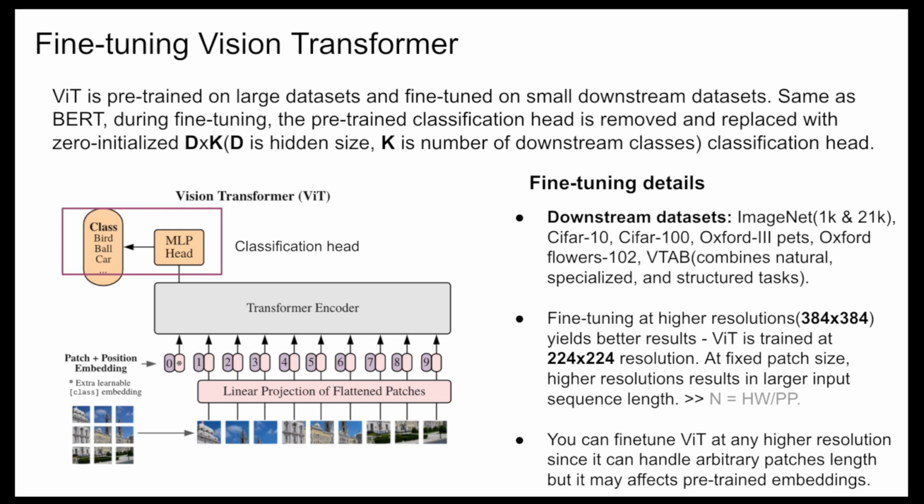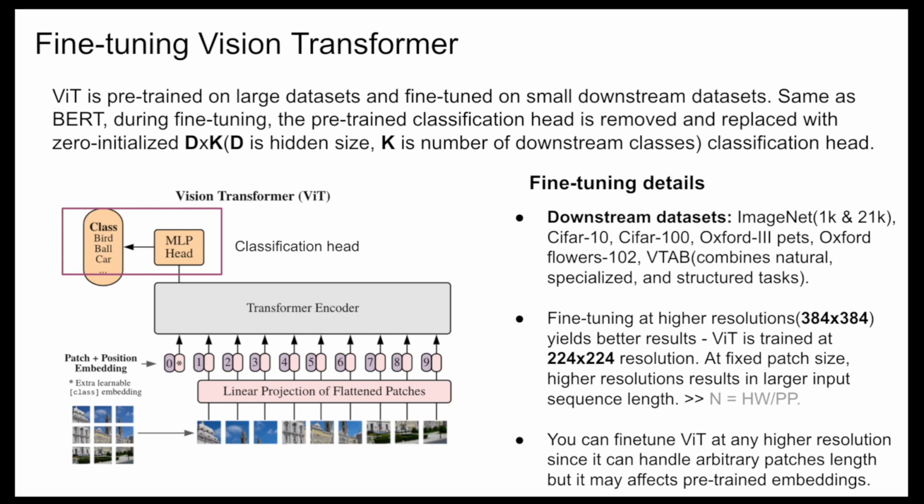One of the insights from this paper was that fine-tuning at high resolution, which is 384 by 384, provided better results. In pre-training, ViT was pre-trained on images of 224 by 224 resolution, but during fine-tuning they used a higher resolution and got better results than fine-tuning at the same resolution.